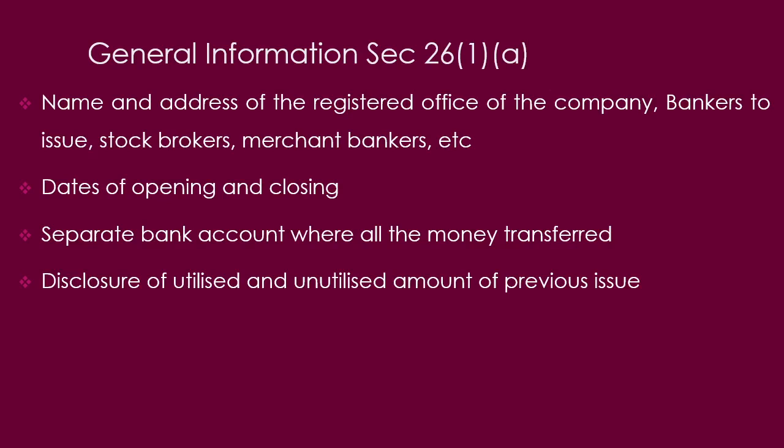Again, fund utilized was 8 lakh, or fund not utilized for 8 lakh, and fund utilized was 6. So like that, they have to give a brief report regarding the previous issue. Details about underwriting. I hope you remember the meaning of underwriting.